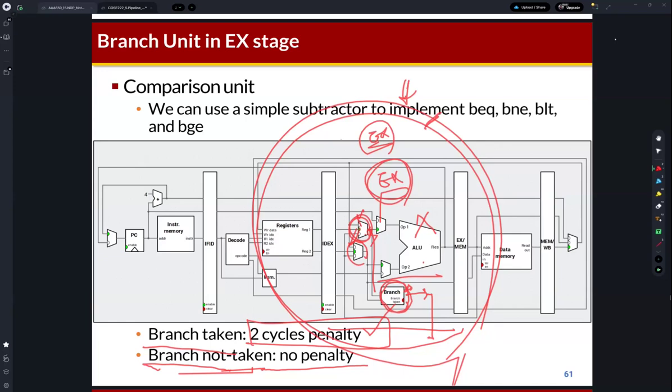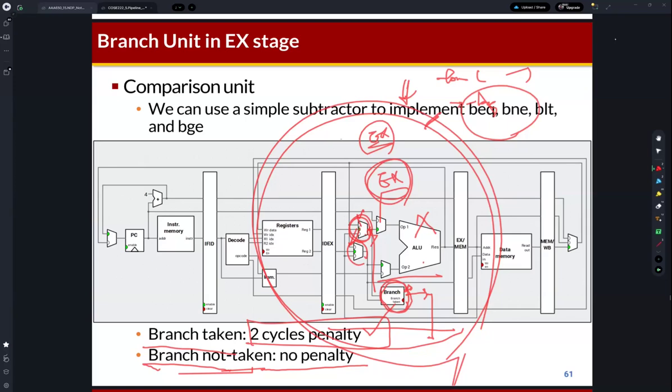So for example, a for loop. If we use the for loop, usually the branch instruction is located at the end of the for loop, and we frequently use for loops for repeated operations, right?